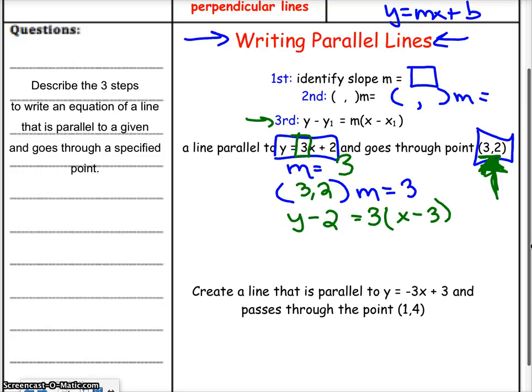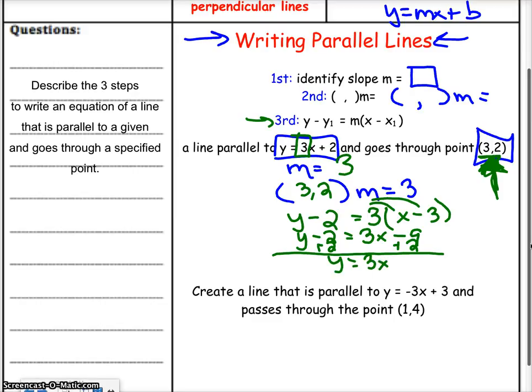And then you get y alone. Distribute. Move your 2. So y equals 3x.